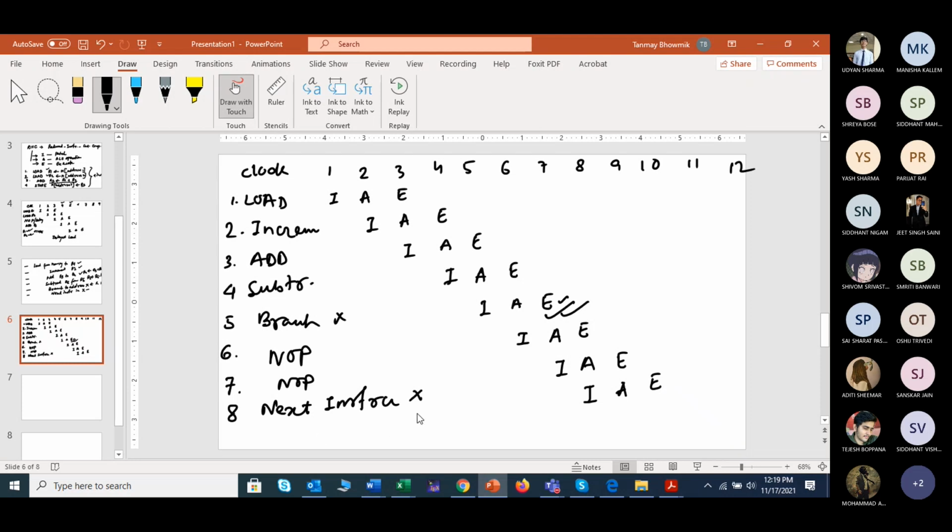So that is why you are delaying the branch here with two NOP signals. In that case, you will give the term delayed branch, right? So as a whole, these are RISC pipeline applications.